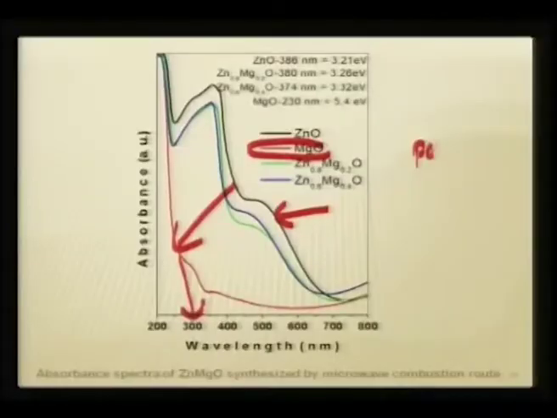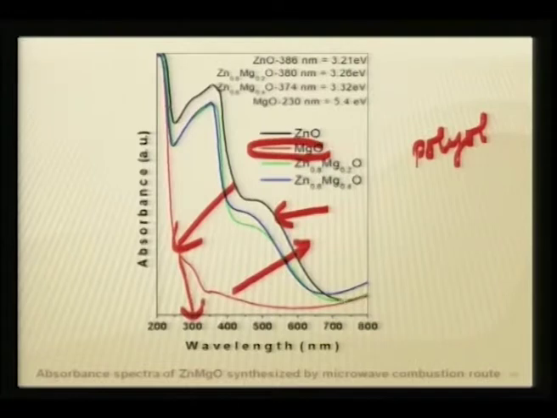And I want to again emphasize this point that in the polyol route the band edge is shifting towards the red, and therefore we concluded that there is no proper substitution of magnesium, whereas in the microwave combustion case, because of the exothermicity of this reaction, and also because this is an instant combustion reaction, and also because it is a fast quenching reaction, you are able to principally stabilize a metastable phase.